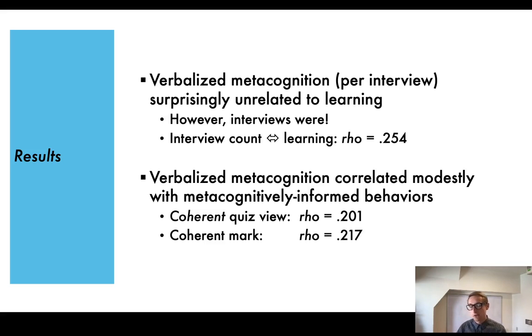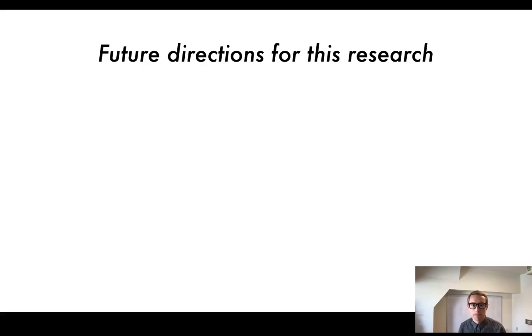So if they do an action that's informed by their previous action, we consider that to be coherent. That's called coherence analysis. And so, as expected, metacognition did correlate, if modestly, with these kinds of actions, indicating that students who were more aware of what they knew and what they did not know also engaged in more coherent editing of their causal maps.